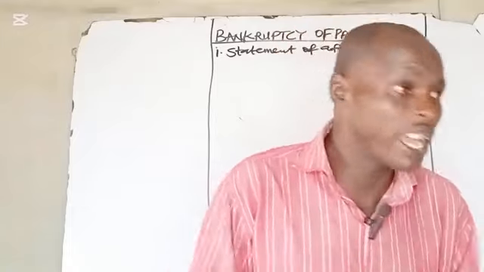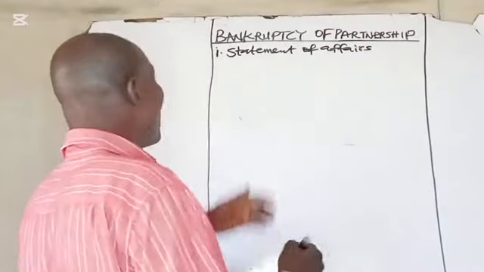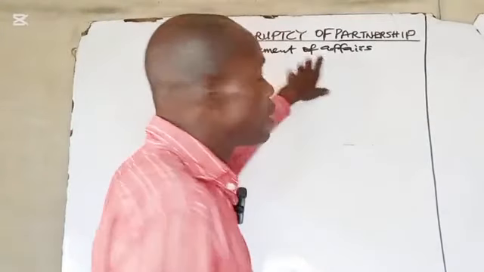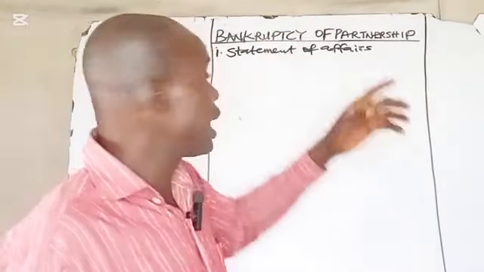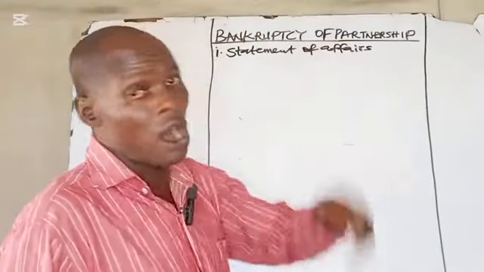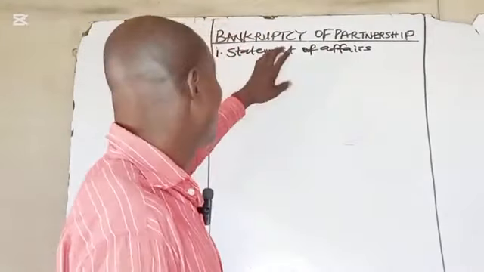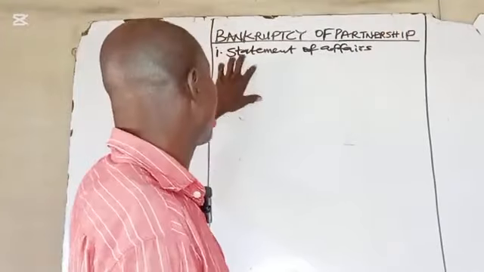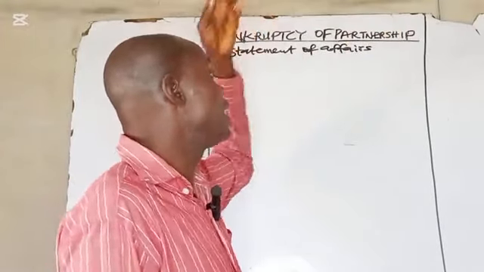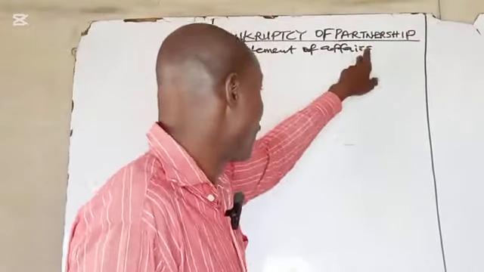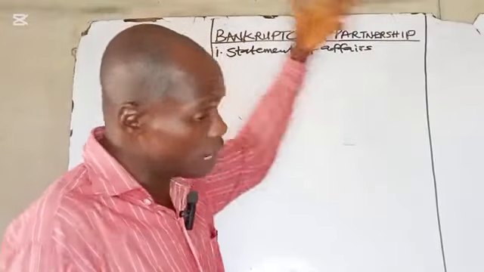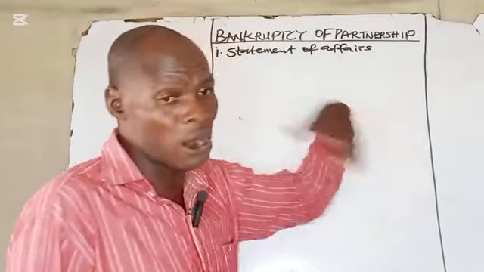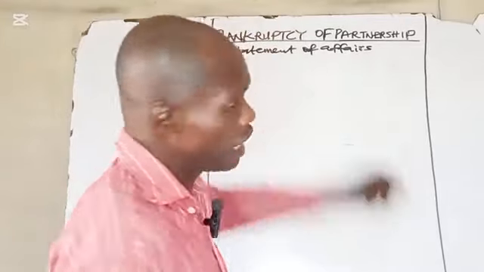In the statement of affairs, we classify liabilities based on their security, whether secured or unsecured, or based on their ranking. So we have secured, unsecured or preferential liabilities.